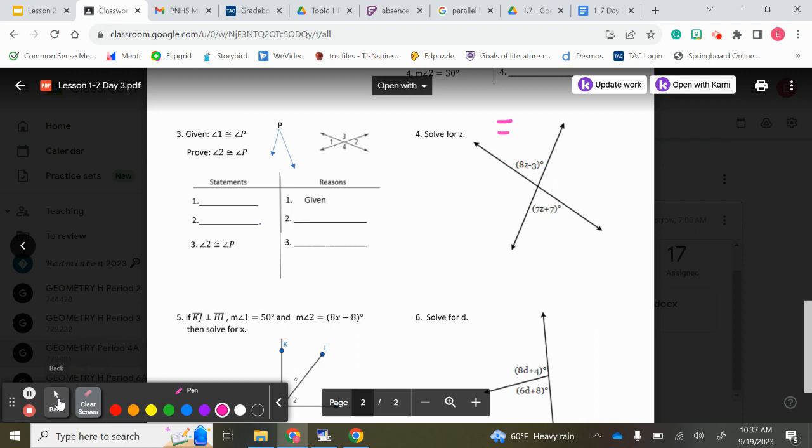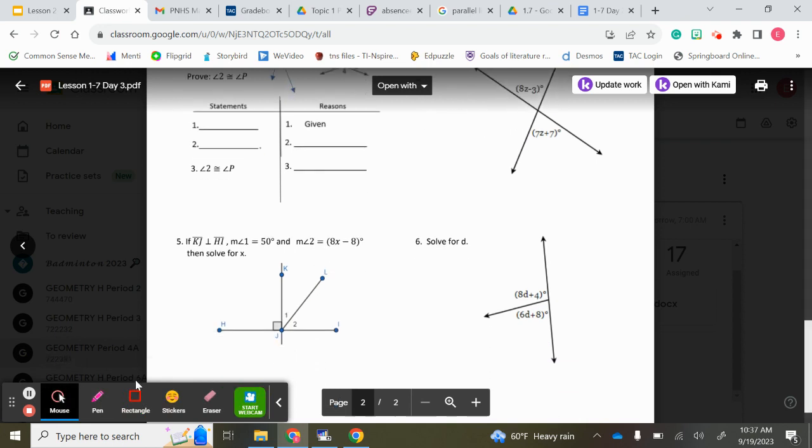Number 5. This, I'm going to fill some stuff in. This says if JK is perpendicular to HI, so it's got that mark right there showing that right angle, the measure of angle 1 is 50 degrees, and the measure of angle 2 is 8x minus 8. They want you to solve for x. So what am I going to do with these 2 angles?